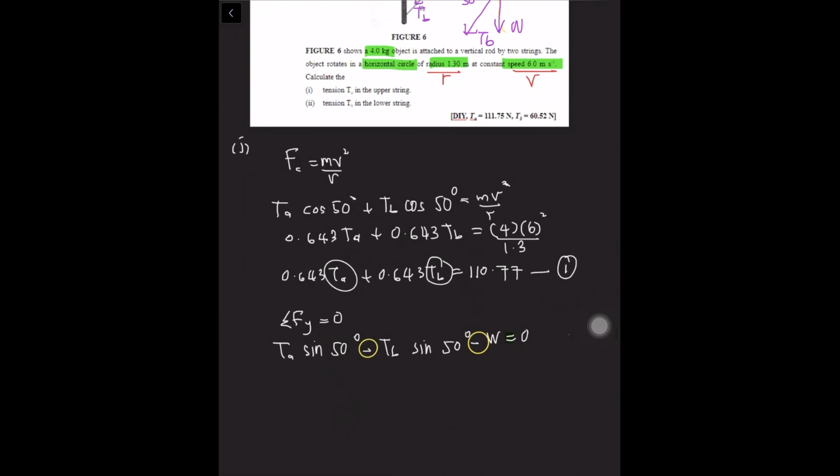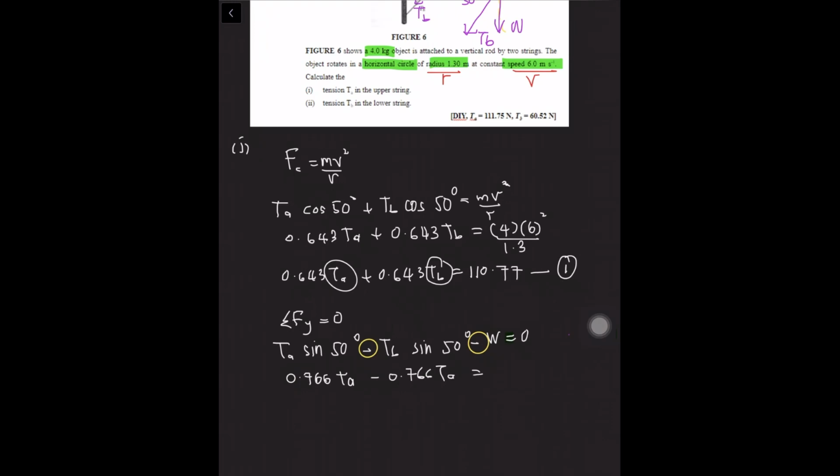Let's substitute the values. Sine 50 is equal to 0.766, so 0.766 TA minus 0.766 TB equal to mg.